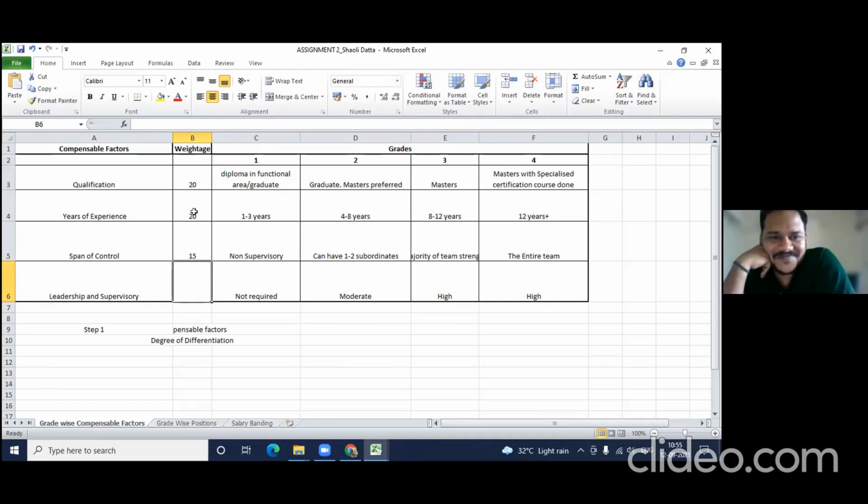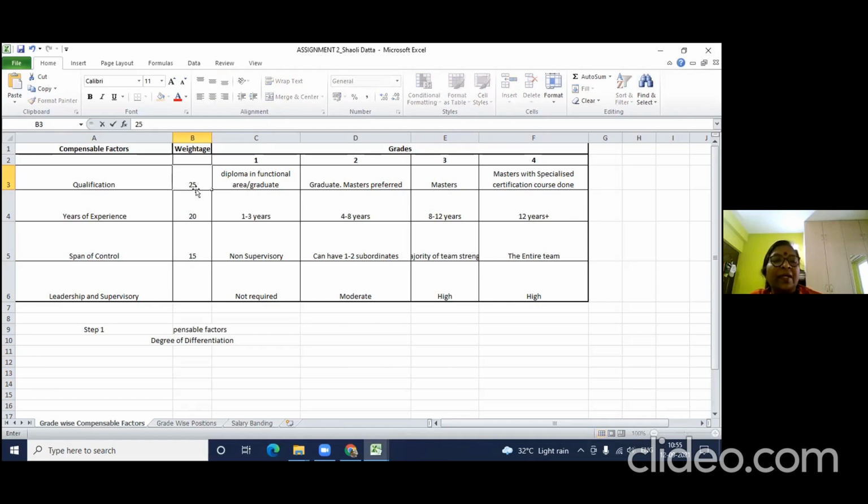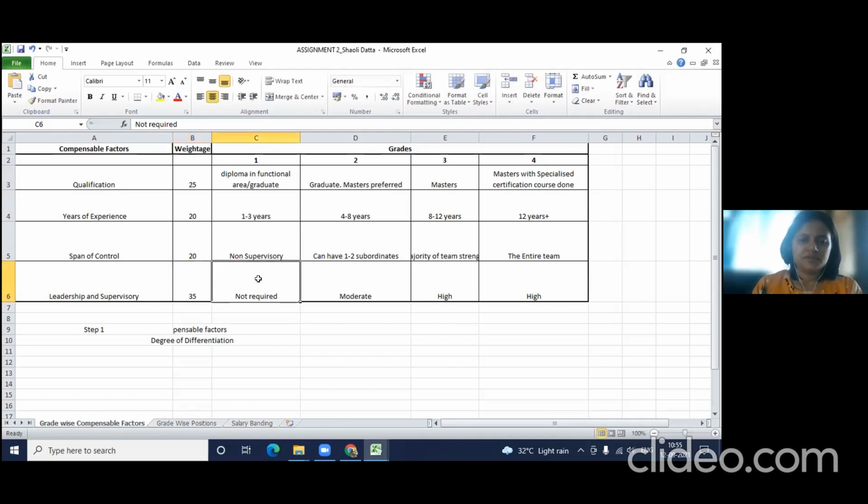So put qualification as 25. And then span of control, if you want, you can put it as 20. 25, 20, 20, 20 makes 85, leaving 15. Done. Got it?